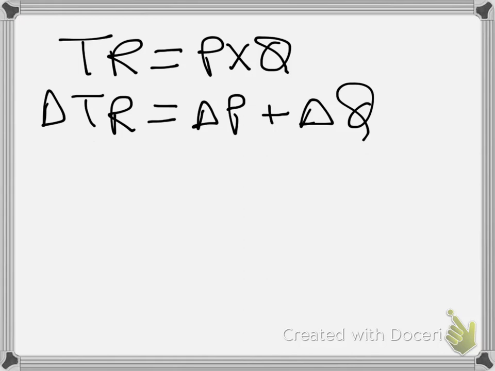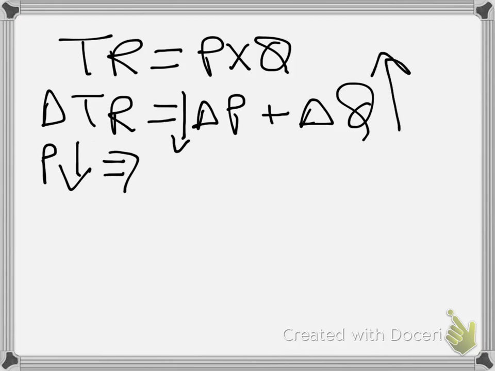To illustrate that idea, let us imagine that for some reason price has gone down. Now if price goes down, you can see that the change in price is negative, and as we have learned from the law of demand, if price goes down, quantity demanded is going to go up. So the question that we want to understand is, does total revenue on the left hand side go up as well?